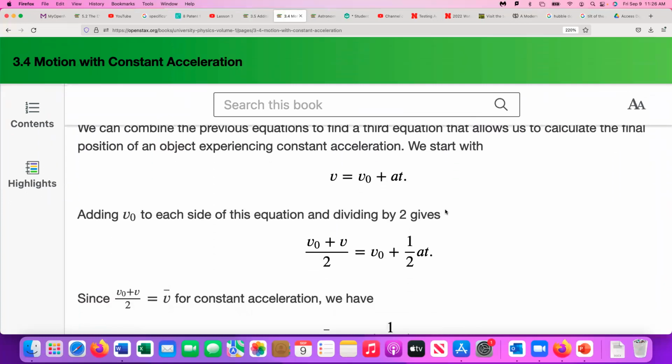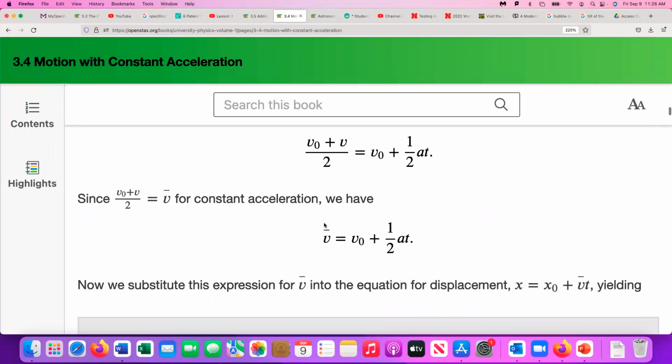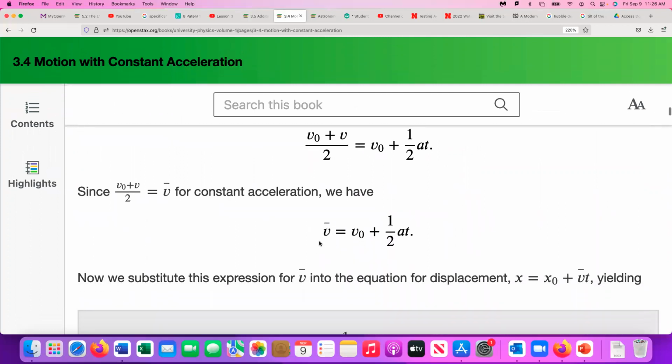Now, here's another thing that we can do. We can take that same equation and add V naught to both sides and then divide by 2 on both sides, and it gives us this equation. Kind of like a little bit of algebraic voodoo, but it still works. What this gives us is on the left-hand side, you can see that we obviously have the average velocity here. And so we can replace it on the left side with the average velocity.